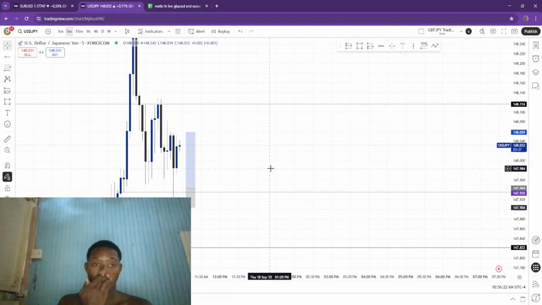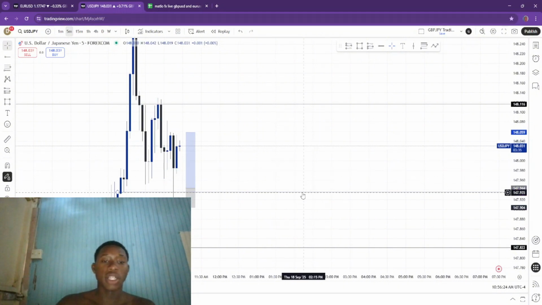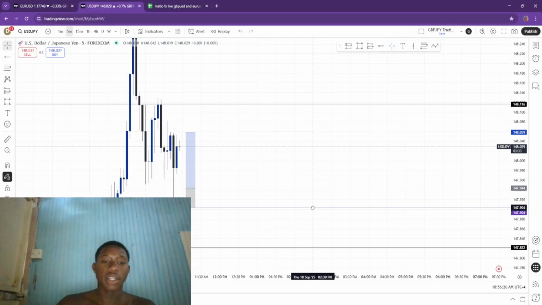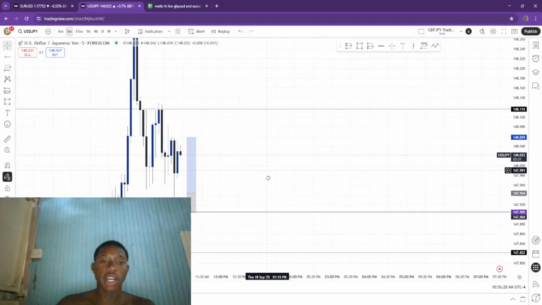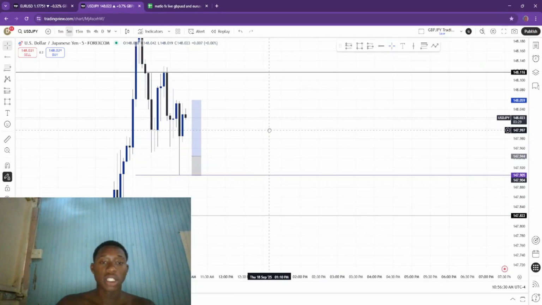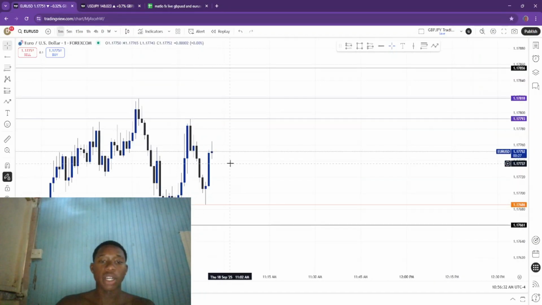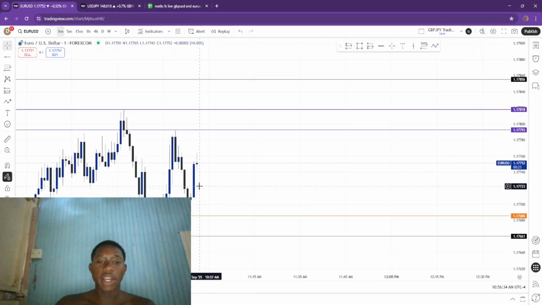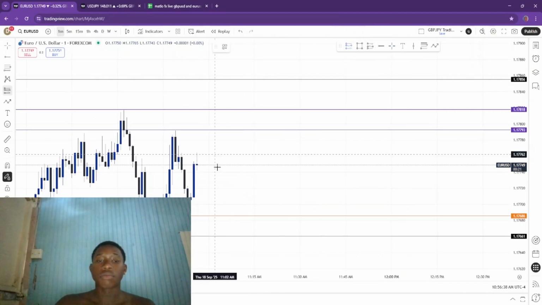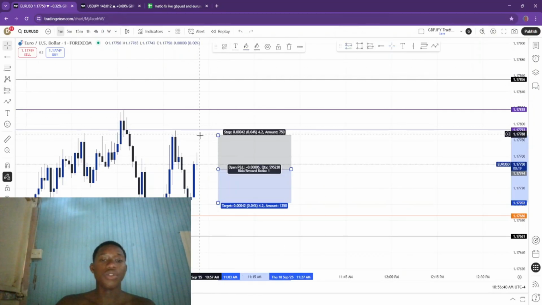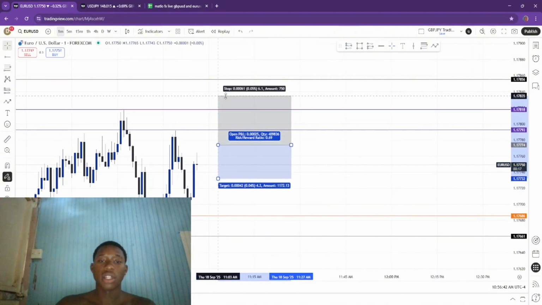So down then up. That's that candle right there. So price has to sweep that candle, so we could take an uptrend trade on USD JPY. But right now our focus is on Euro USD. Let's see what type of price action Euro USD gives.